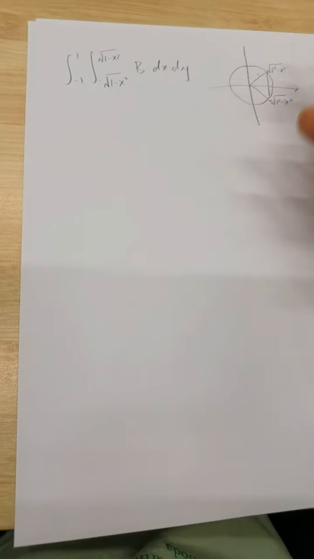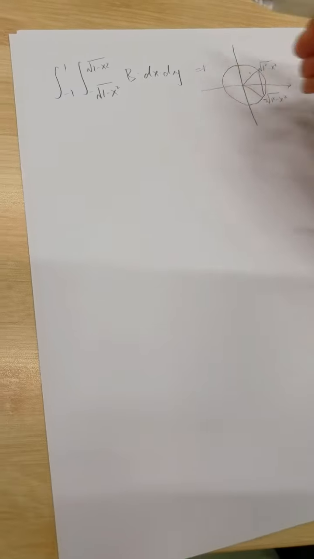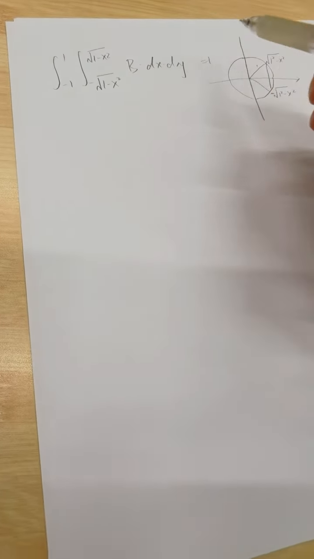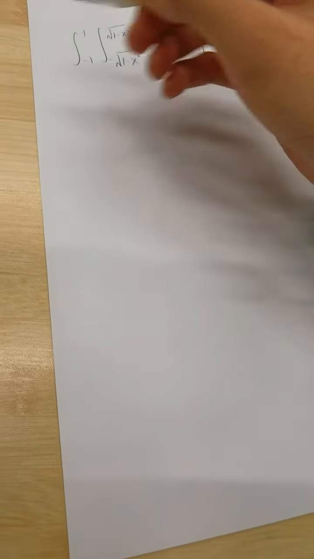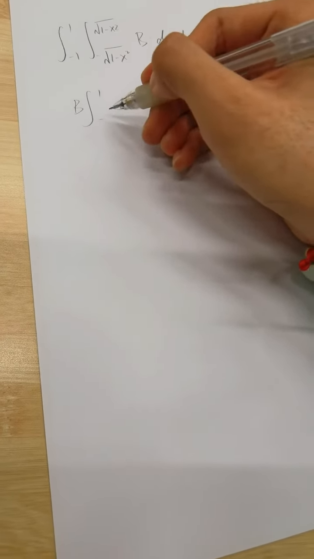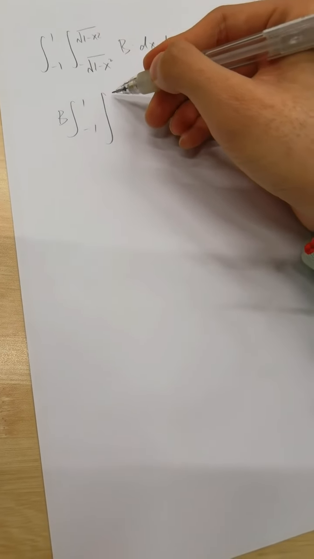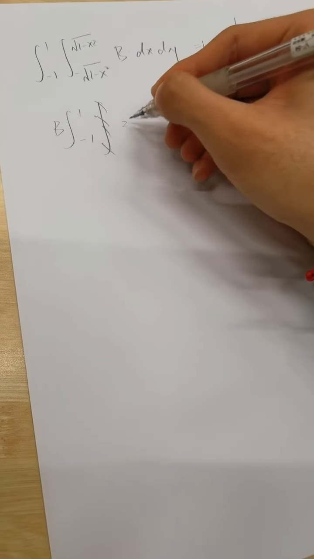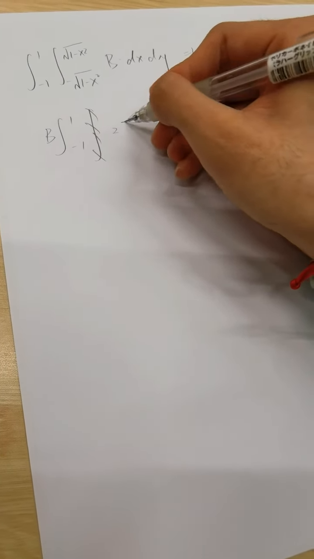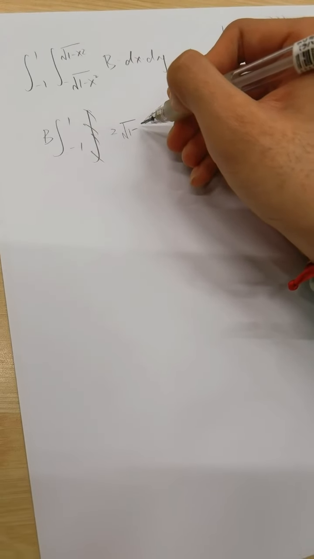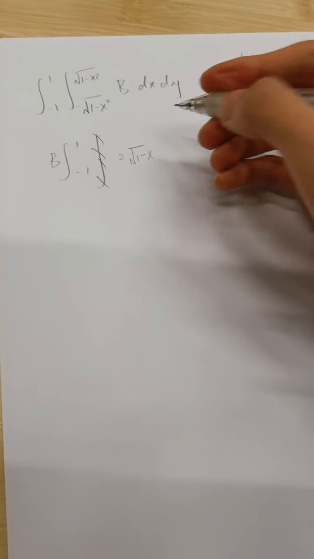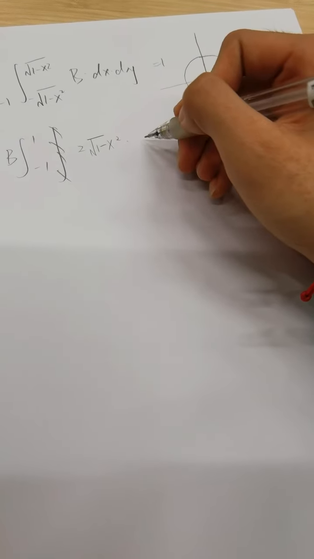As we know, this integral is equal to 1, so we can calculate b. We can take b out first because it's just a number, and integrate over y, which gives 2 times the square root of 1 minus x squared times dx.